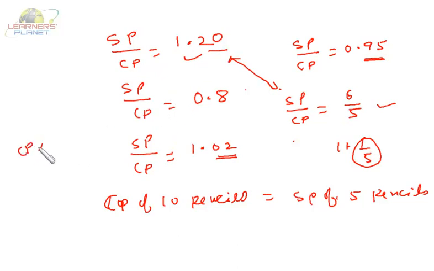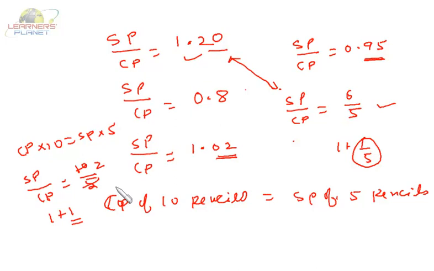Cost price of 10 pencils is equal to selling price of 5 pencils. That means selling price by cost price is equal to 10 by 5. That means 2. That is 1 plus 1. That means 100% profit. No need to worry about any common multiple or factor. I hope you are getting this point.